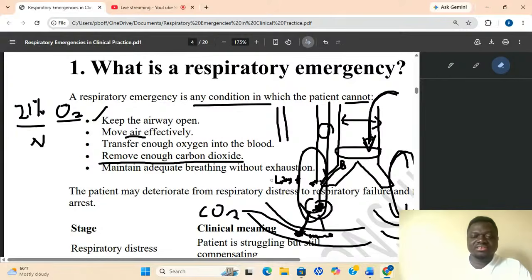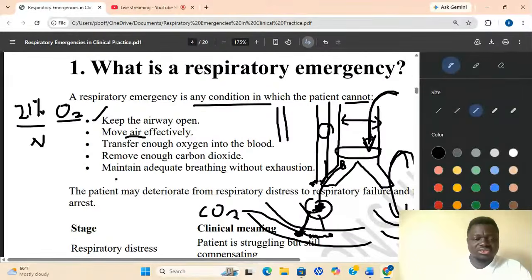Then lastly, when we say somebody has respiratory emergency, it means the person cannot maintain adequate breathing without exhaustion, without getting tired. Especially this last one is one of the main causes of cardiac arrest in children. A child is having a difficulty in breathing, moving, chest excursion.